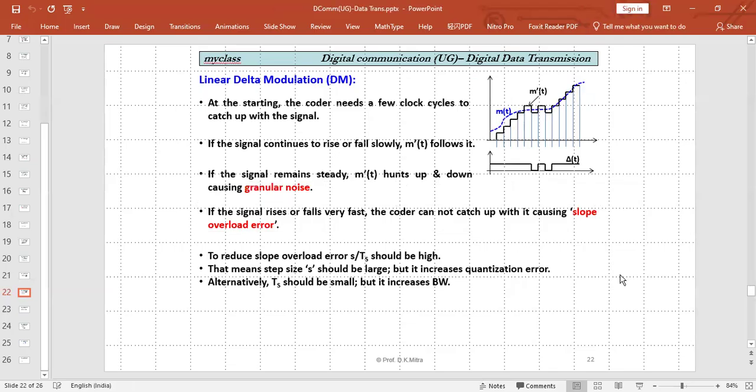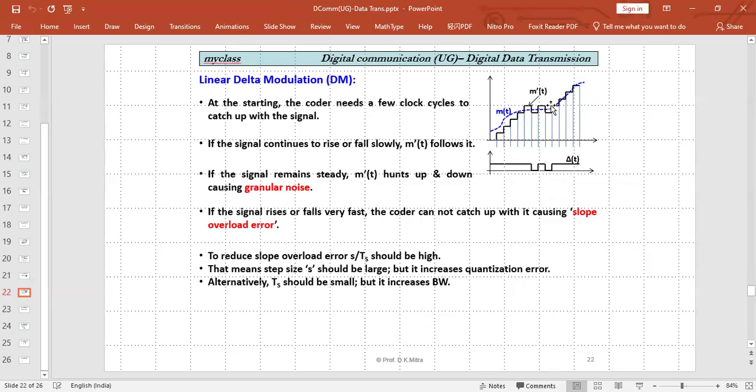That error is called granular noise. And if the signal rises very fast, faster than the slope that you have designed, what is the slope that you have designed? Your x-axis is time and y-axis is some millivolt signal value. And say on the y-axis, one step is S for step.